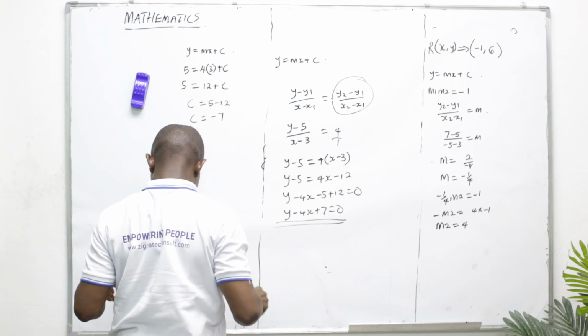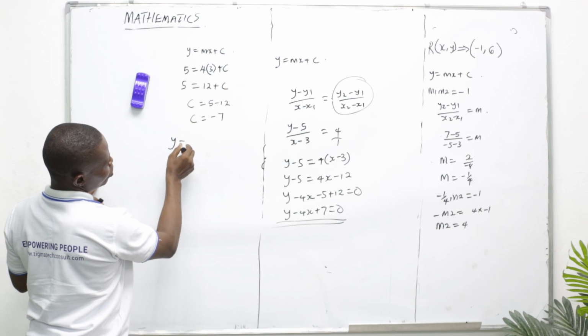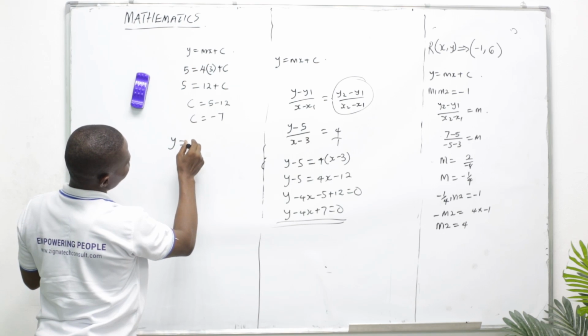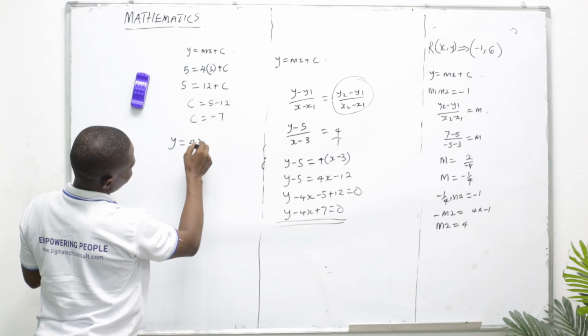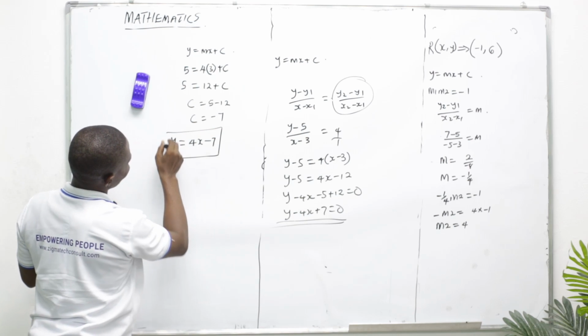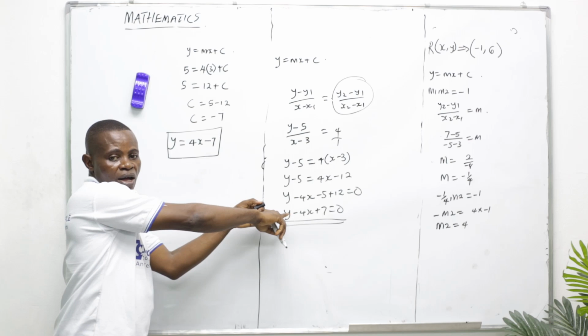If I have this, now standardize your solution. y equals mx plus c. What is m? 4. 4 times x. What is c? Minus 7. So see your equation. It's looking as if they are not the same solution. They are.